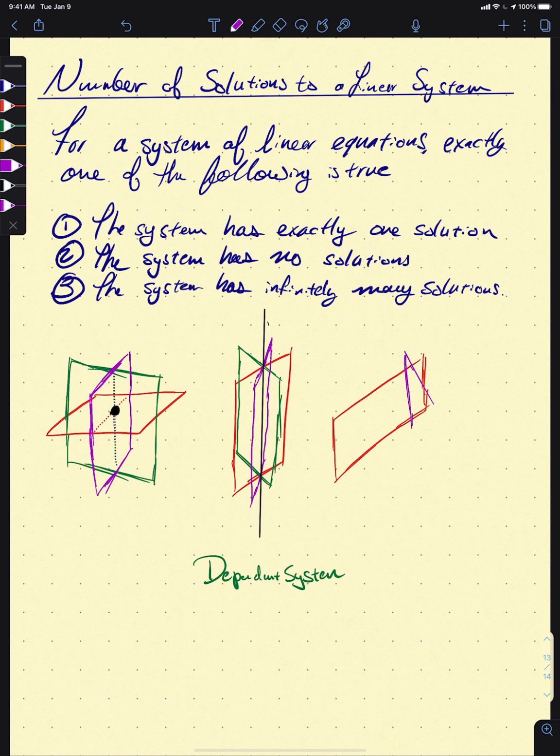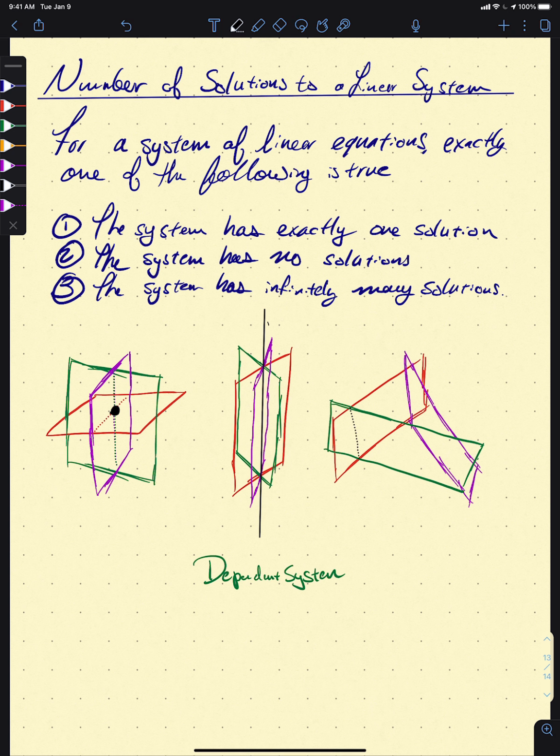Let's say we have a situation like this. We have our red plane slanting that way. We have our purple plane slanting this way. And then, maybe we have our green plane going across like this, right?